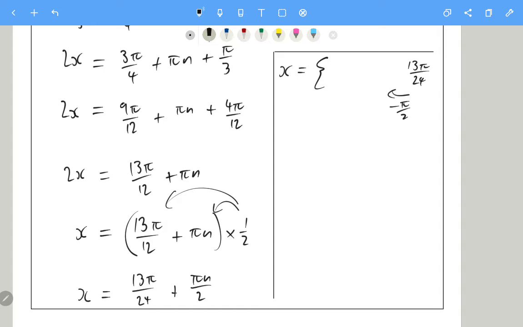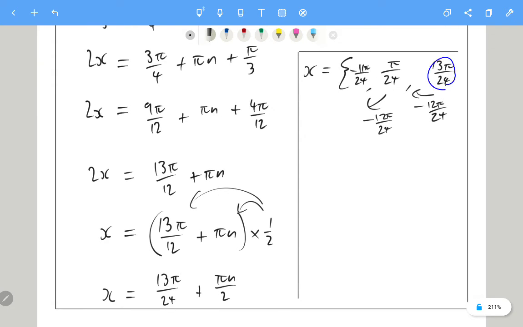Subtracting pi on 2 is annoying. Let's instead subtract 12 pi on 24. If I subtract 12 pi on 24, I would get pi on 24. And you might recognize now, if I subtract again, I'm going to get a negative answer, negative 11 pi on 24.